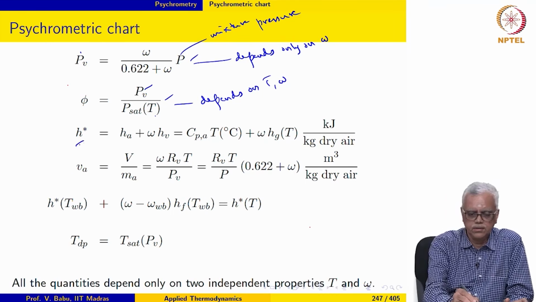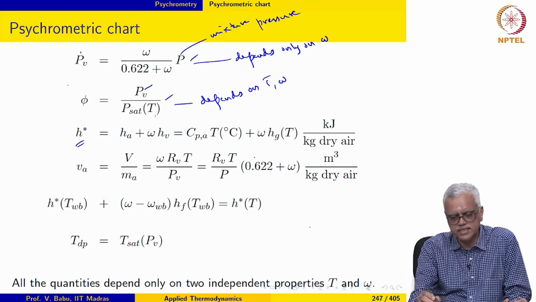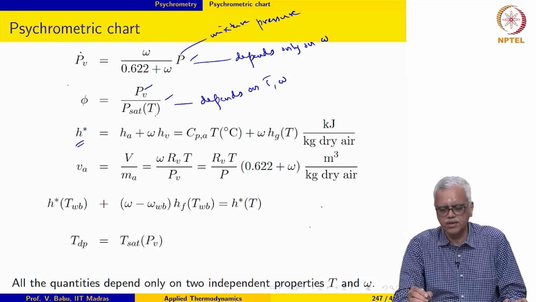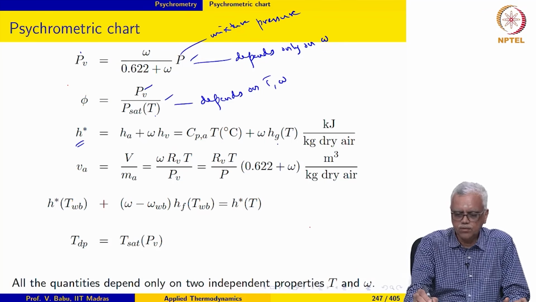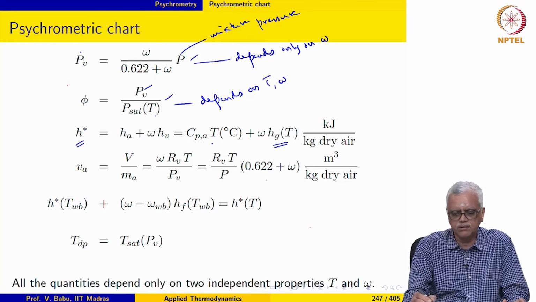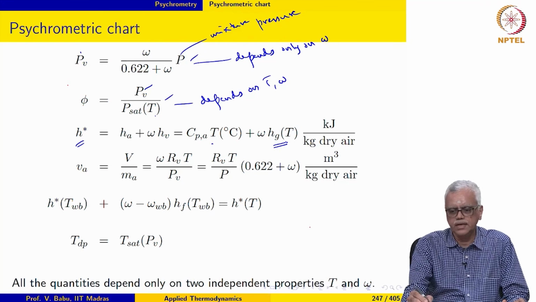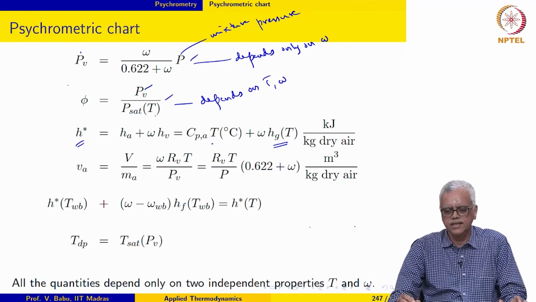Now, H star may be written as ha plus omega hv, and ha itself may be written as Cp times T plus omega hg of T. Hg of T obviously is dependent on T. The first term here is linearly dependent on T. Hg itself is dependent on T in some manner.